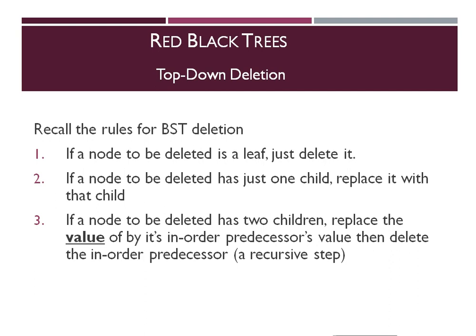In case 3, if a node to be deleted has 2 children, again one more complexity added here. Then replace the value by its in order predecessor value, then delete the in order predecessor after taking recursive steps.